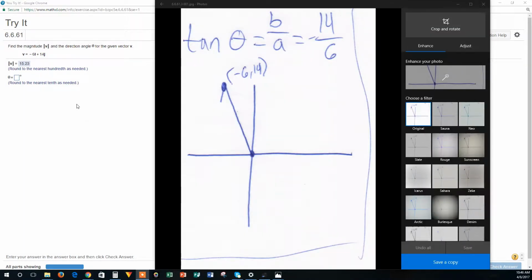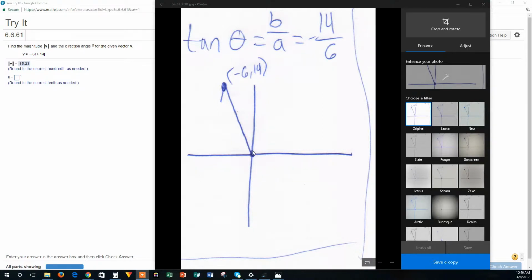Alright, we're ready to find the direction angle theta. They want us to round to the nearest tenth with this one. A way to find theta is to use tangent of theta equals b over a. Our b is 14 and our a is negative 6, so that's 14 over negative 6.